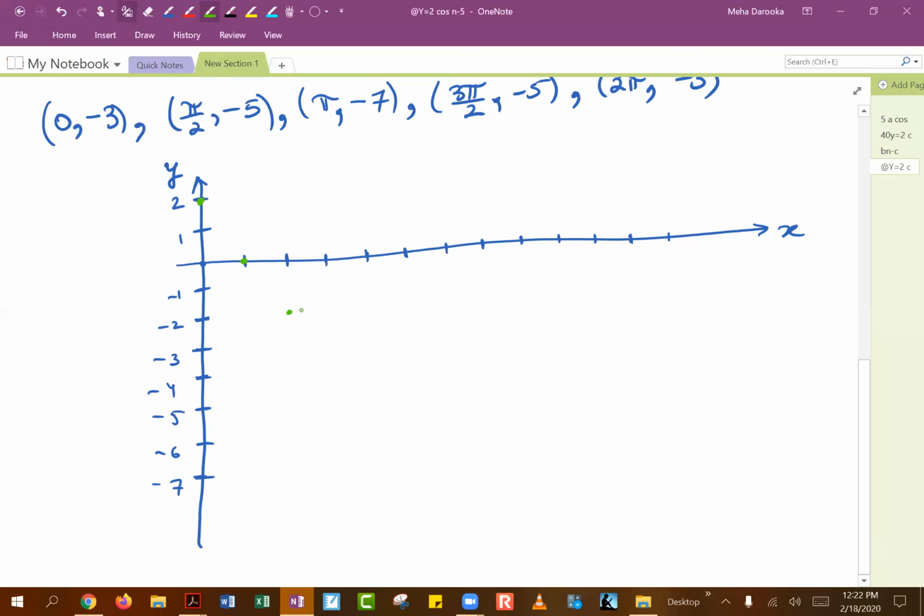And I'm actually doing the 2 times cosine of x function just to show you as a comparison. You can graph the final function if you like.